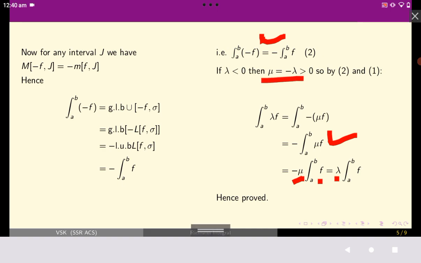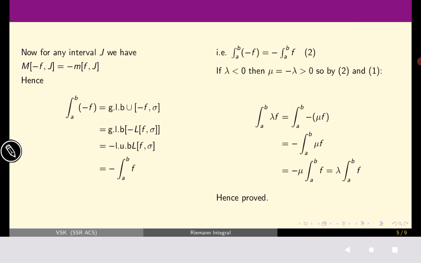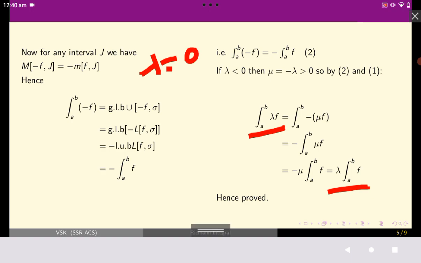So we have proved that the integral from a to b of lambda f, where lambda is negative, is also the same as lambda times the integral from a to b of f. So in this way, we have proved the three cases. When lambda is equal to 0, we have shown that the theorem is true. Lambda greater than 0, we also showed it is true. And lambda less than 0, in this case also we have proved that the theorem is true.